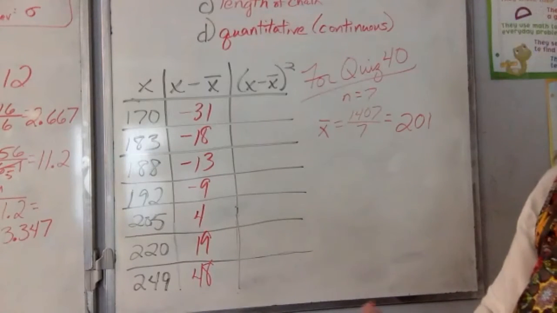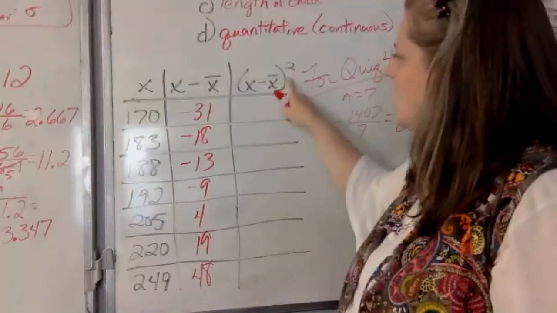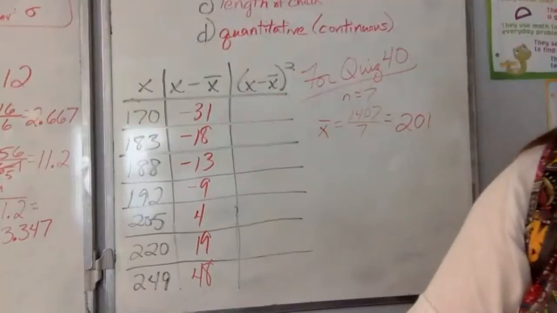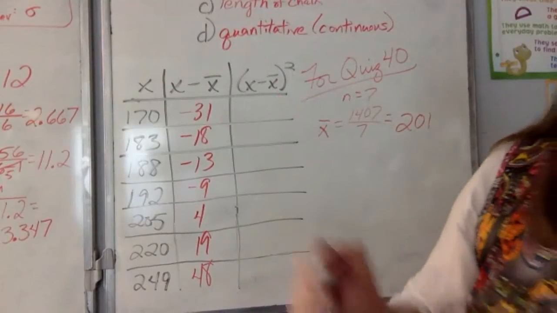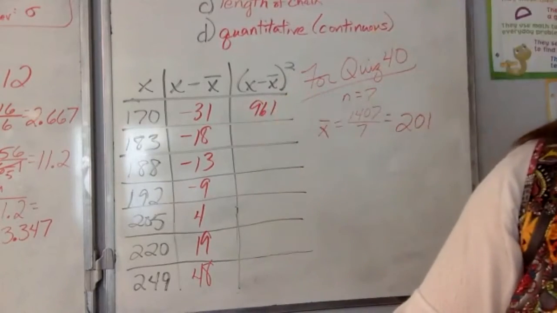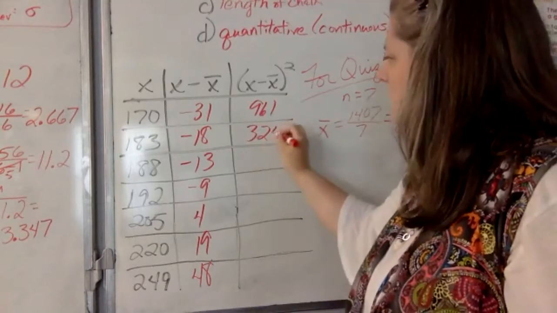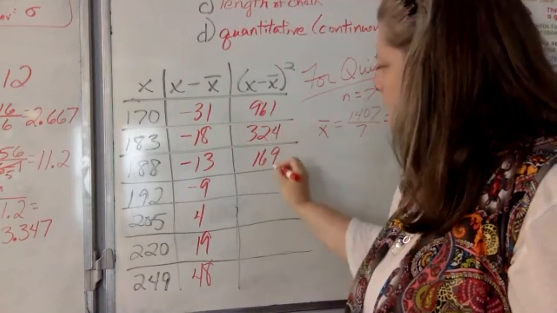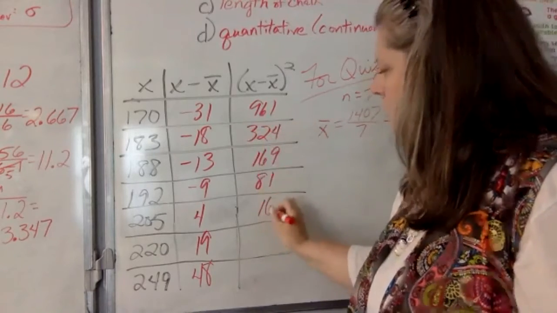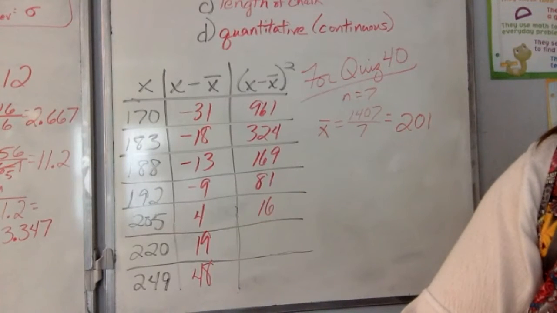Okay, so we get those numbers. Now, for this column, we square all those. So we're going to get big numbers in this column.